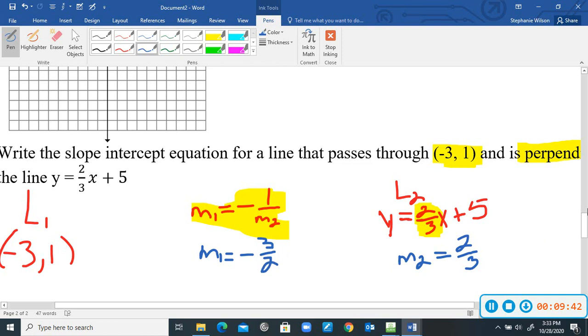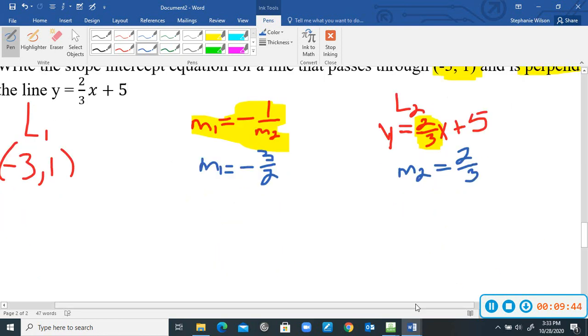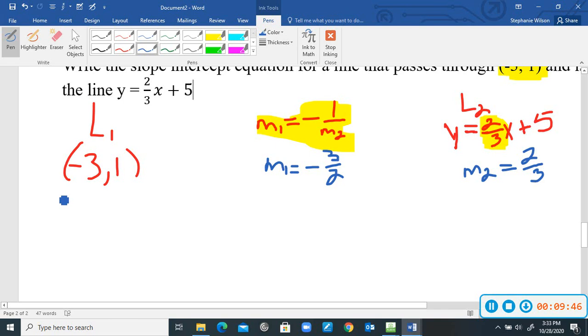So now I have everything I need to solve for line 1. And I want to solve using this method here, solving for my y-intercept. If I do that, then I can come over here and already write part of my answer: y is equal to negative 3 halves x.